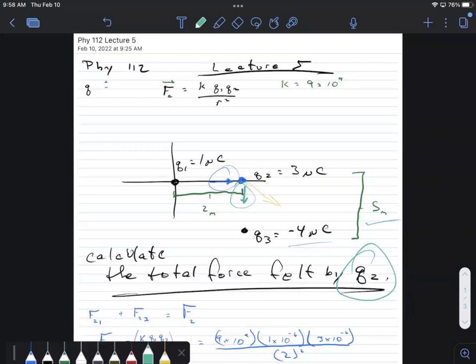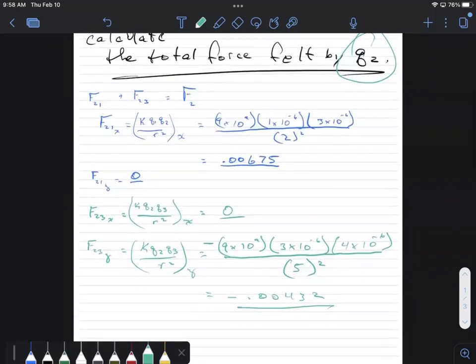But of course here, all I care about is what does 2 feel? 2 feels a force pushing him to the right because of 1, and a force pushing him down because of 3. And that's what I care about for my calculations. Any other charge, how they move or how they interact is immaterial to me. I just ignore it until such time as a problem needs that stuff. But here I don't need it.